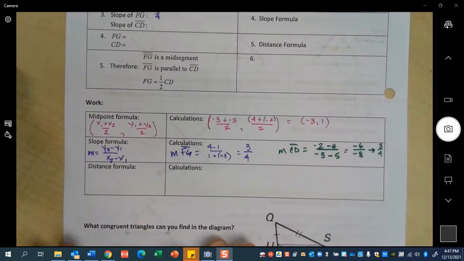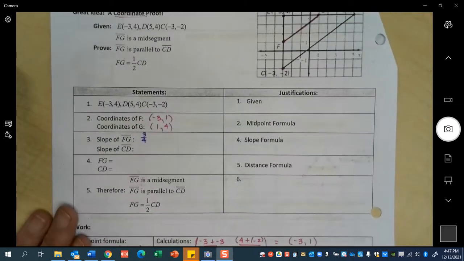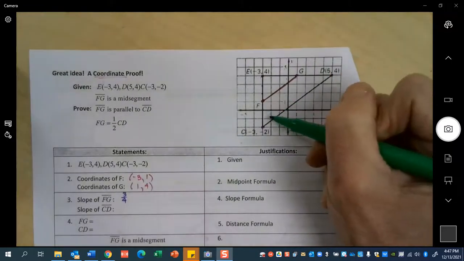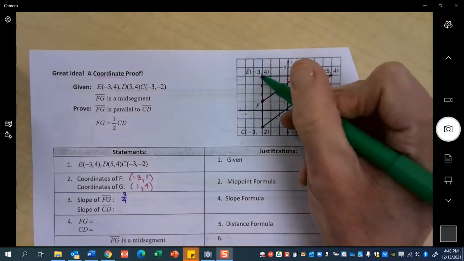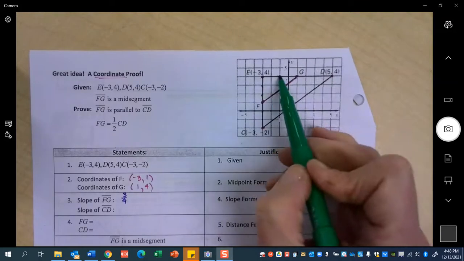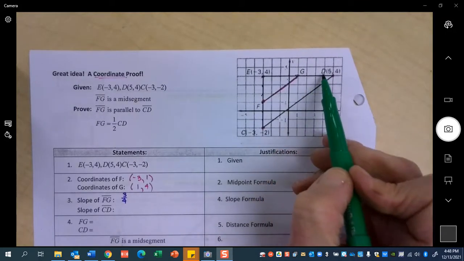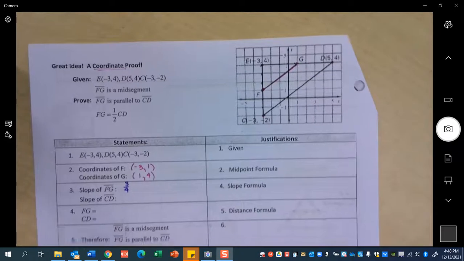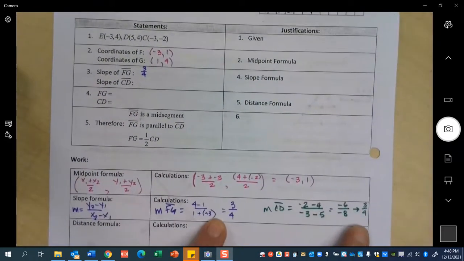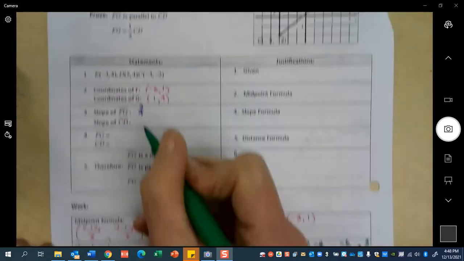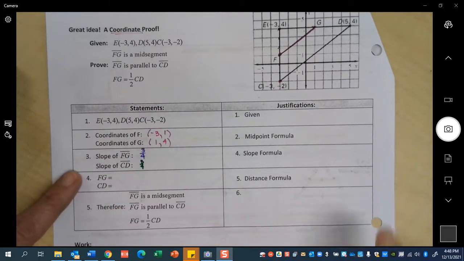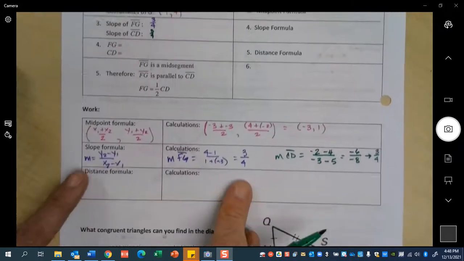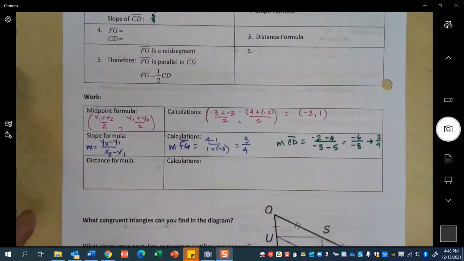And I can double check that also on my grid. Rise 1, 2, 3, 4, 5, 6. Run 1, 2, 3, 4, 5, 6, 7, 8. So if you notice, I have the slope of 3/4, and I can put into my proof the slope of 3/4, and my justification is that I used this slope formula and I did these calculations.